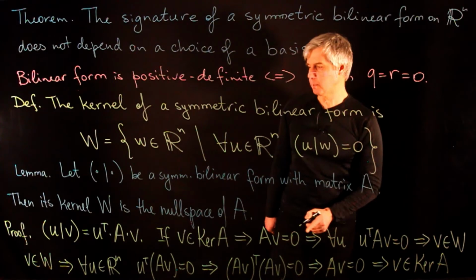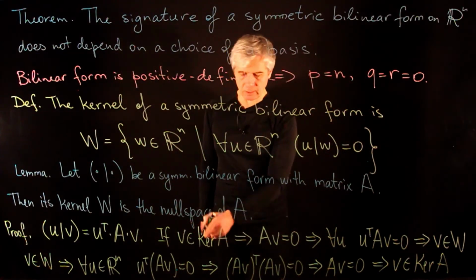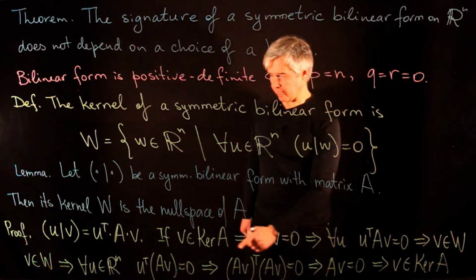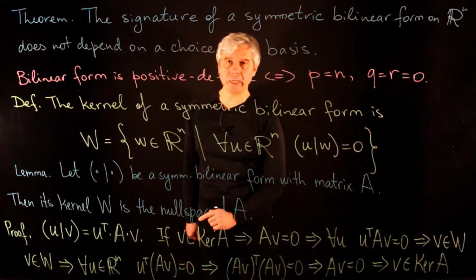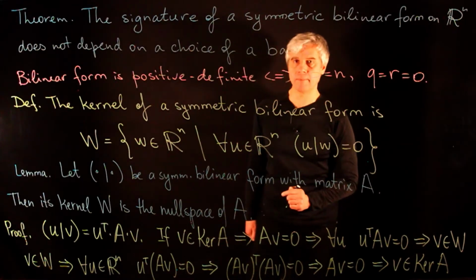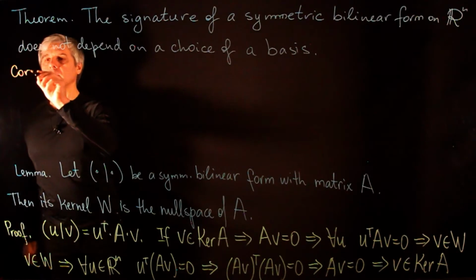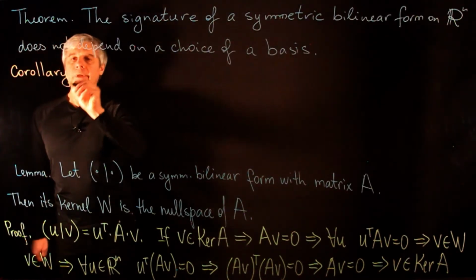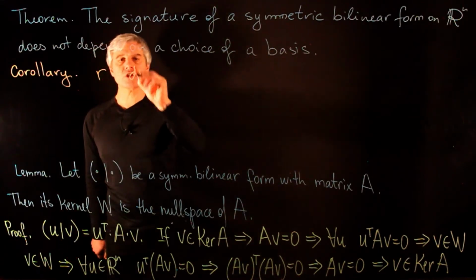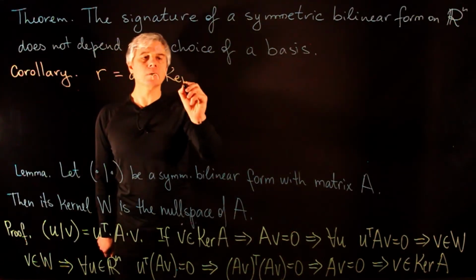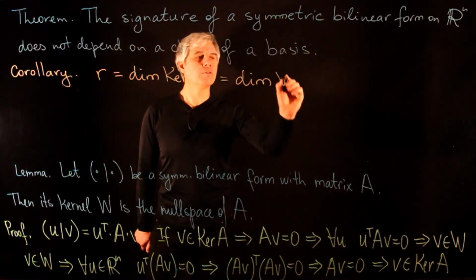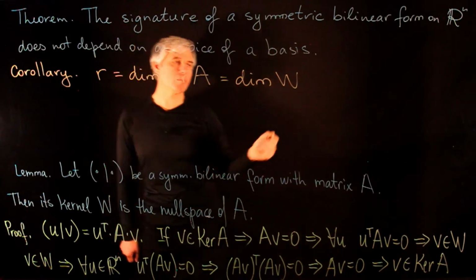And so here we prove that every vector in the null space of A belongs to the kernel of the bilinear form, and every vector in the kernel of the bilinear form belongs to the null space of A. So these two spaces are the same. As a corollary, we get that the value of R is equal to the dimension of the kernel of A, which is the dimension of the kernel of the bilinear form.